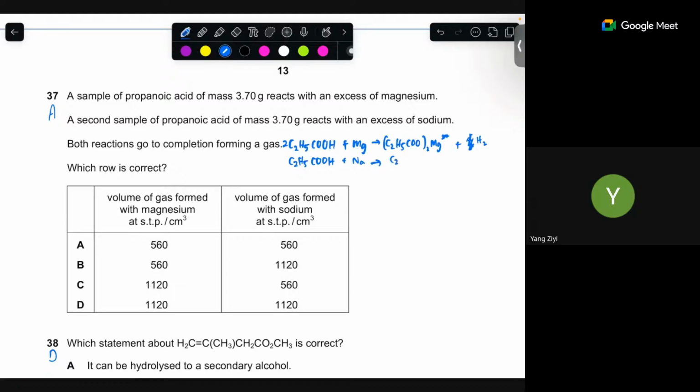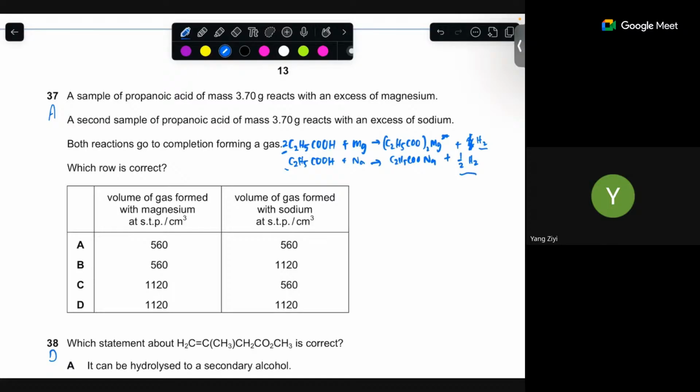And this one will be C2H5COONa plus half H2. So the difference is one is going to be 1 mole of H2, another one is half mole of H2, but this is for 2 moles. This is 1 mole. So they are using the same.